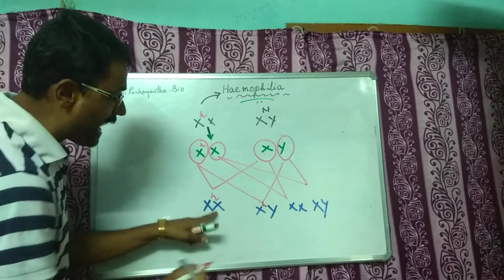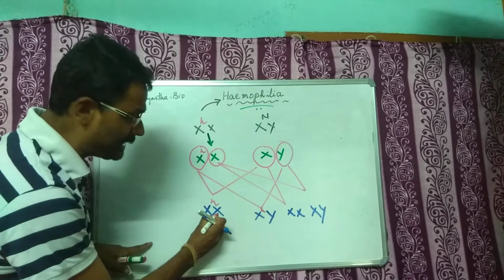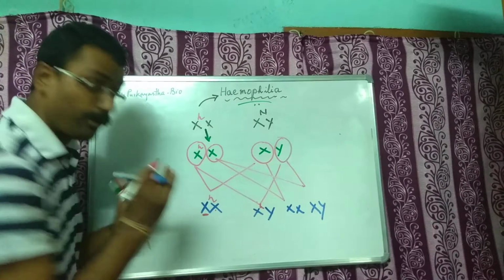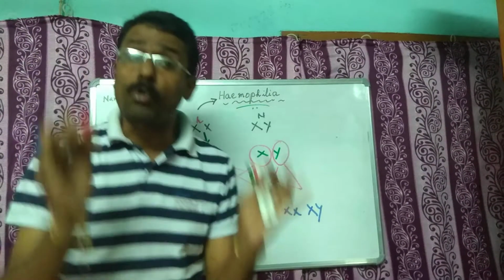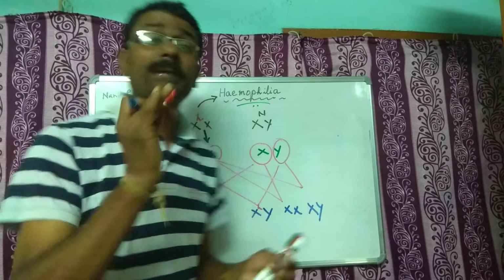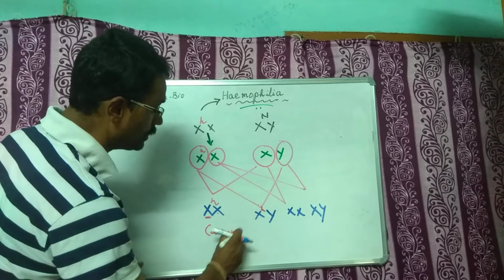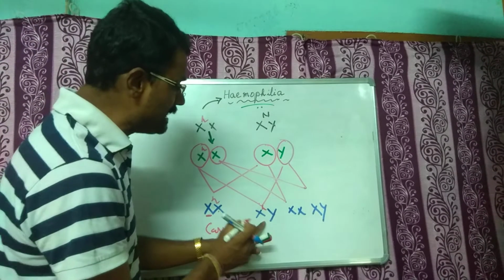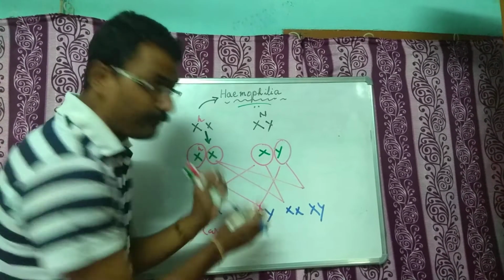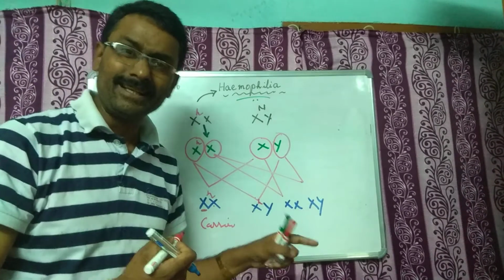Here, as it is recessive, the expression of the normal gene will be there, so phenotypically the disease doesn't occur. But what does she become? She becomes a carrier. But in the case of the male, though it is recessive, there is no gene to suppress it.